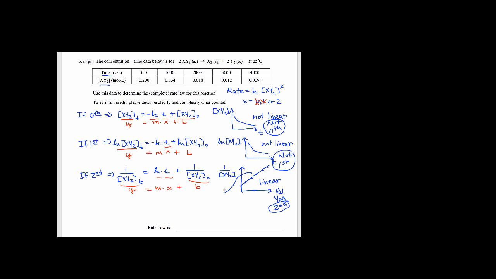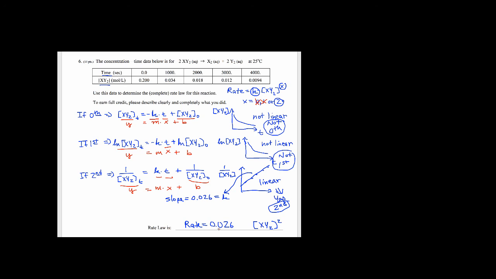And then the slope we get from this straight line turns out to be 0.026, and that of course is our k value. So we have a 2nd order rate law, we have our k value of 0.026, so this means our rate law is rate equals 0.026 times the concentration of XY2 to the 2nd power.